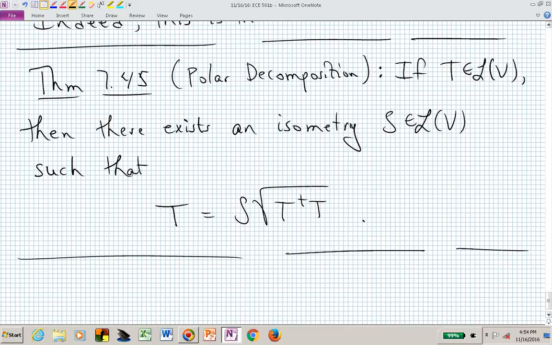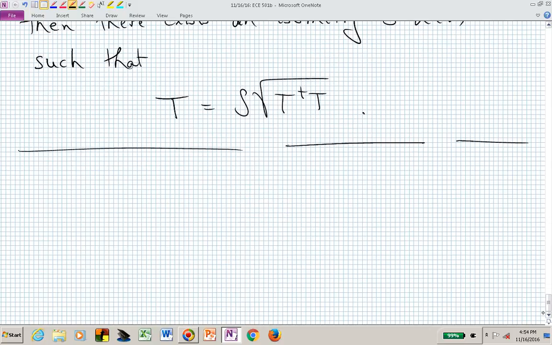And it's preserving norm. It's not changing any magnitude properties, but this square root of t dagger t is. That allows us to change the magnitude of this linear operator T. Let's see if we can step through some of these parts of showing that indeed we can decompose a linear operator into these two parts, one part being an isometry and the other part being the magnitude or the scaling piece.